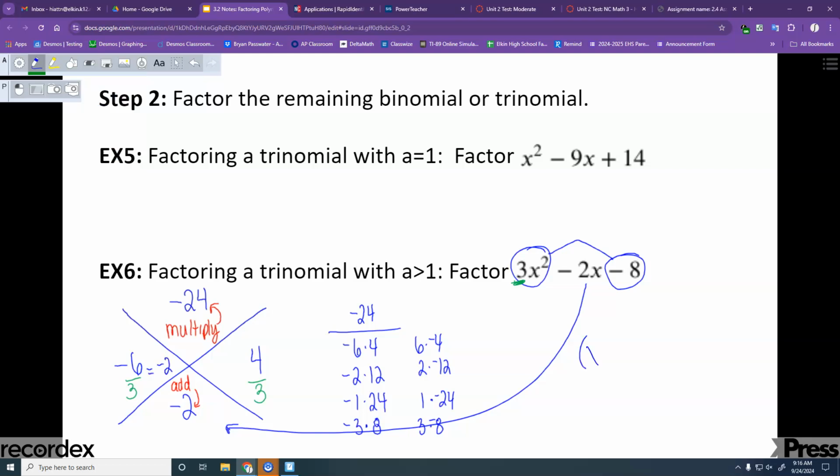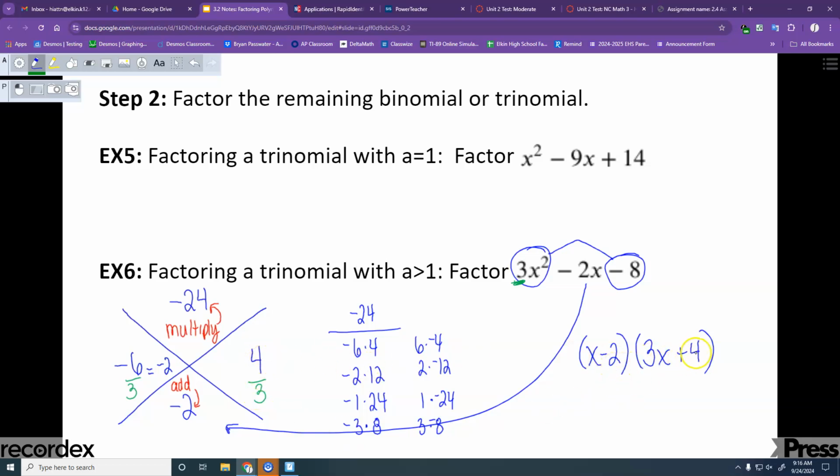And so that's where we get an x minus 2. This one won't divide, right? So this is where we get our 3x plus 4. Is that what we had on the other one? Yeah. And so whatever's on the bottom, if it reduces, you reduce it. If it will not reduce, whatever's on the bottom, you put it first.